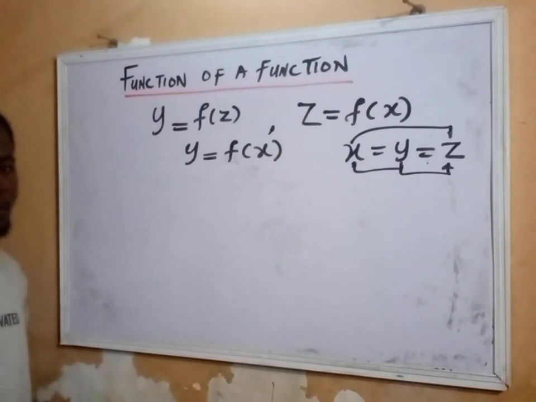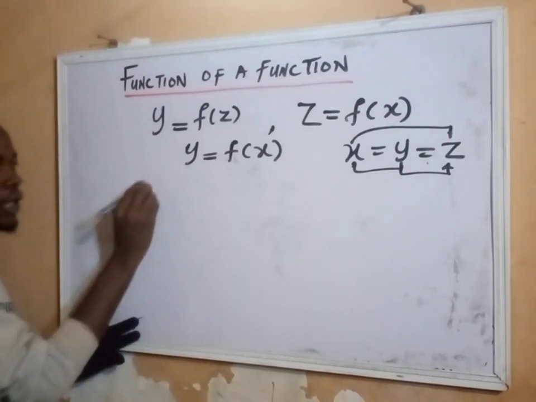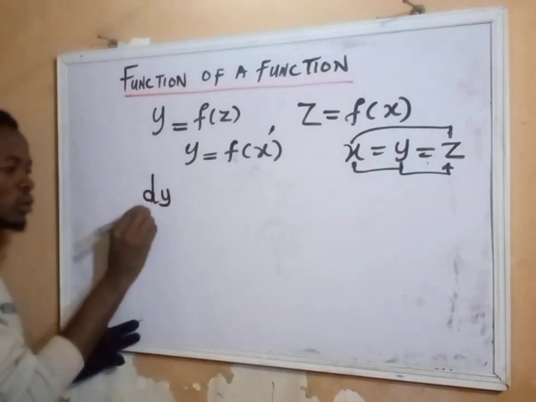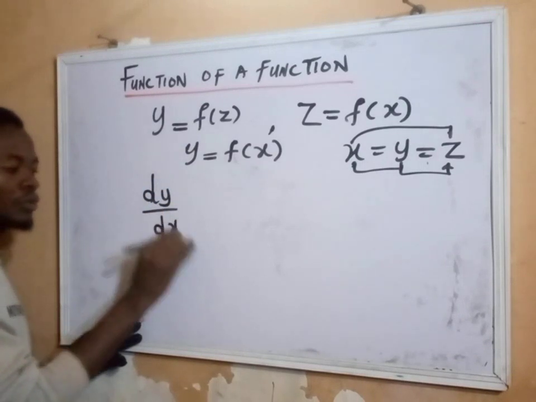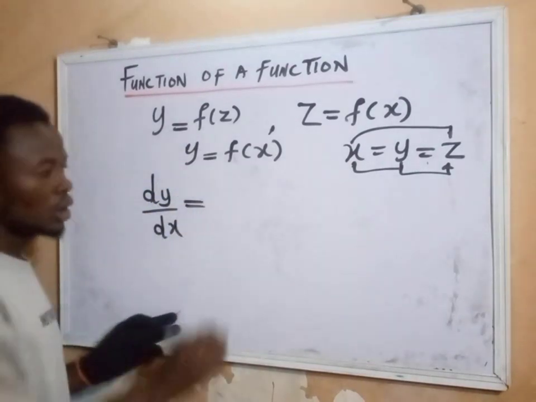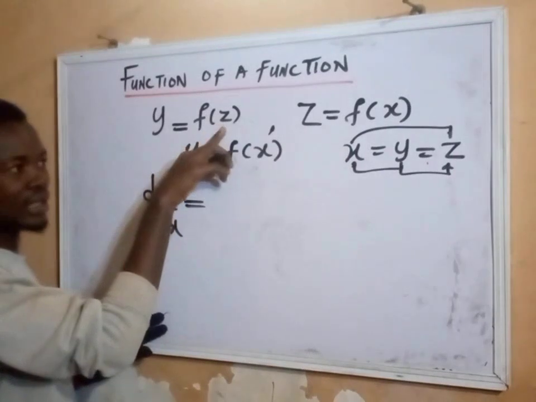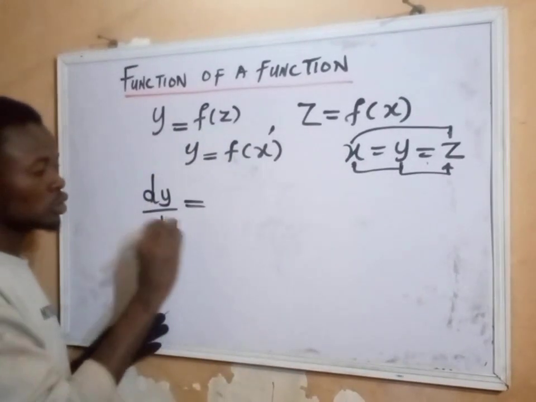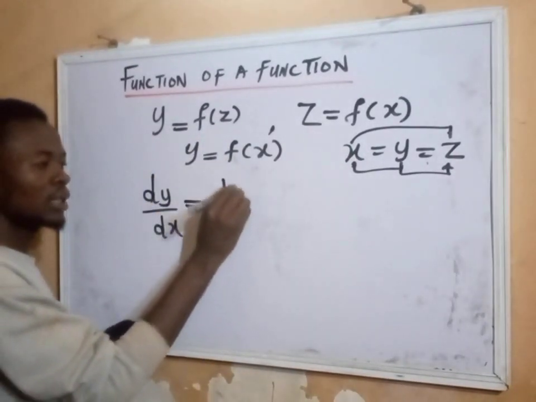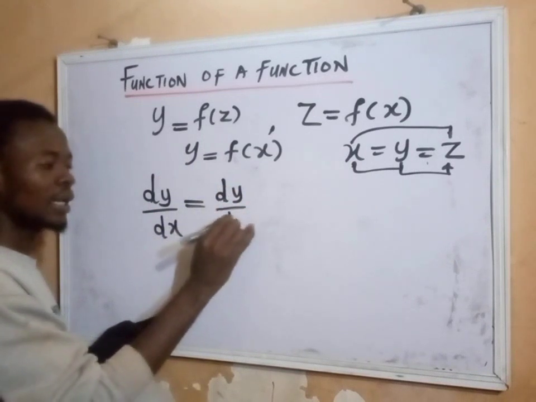And how can we find the derivative of this particular chain rule? It's very simple. Just apply this formula. The formula for the chain rule, since I define it on z, x, and y, is dy/dx equals dy/dz.